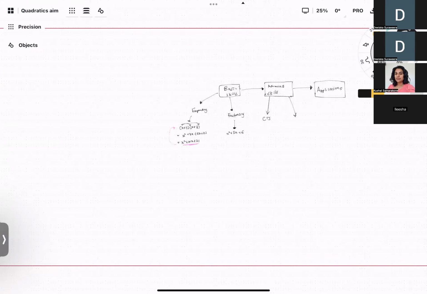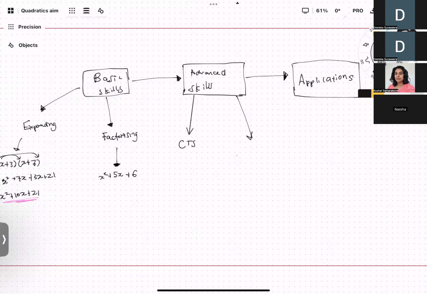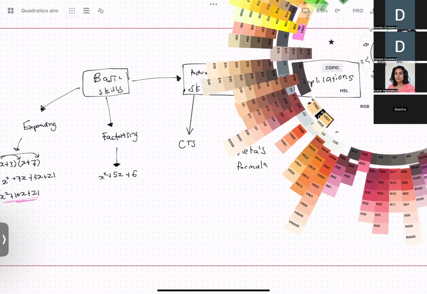All right, we're also going to learn something called Vieta's formulas, which is not something you learn in school, but it's just a more advanced version of factorizing.